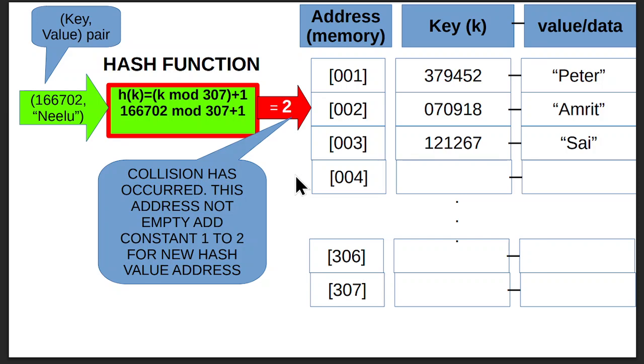Now here is a problem, because the new key value pair for the fourth employee is generating a hash value of 2, but slot 2 is already occupied. So now we say that a collision has occurred, because two different key values are producing the same address.